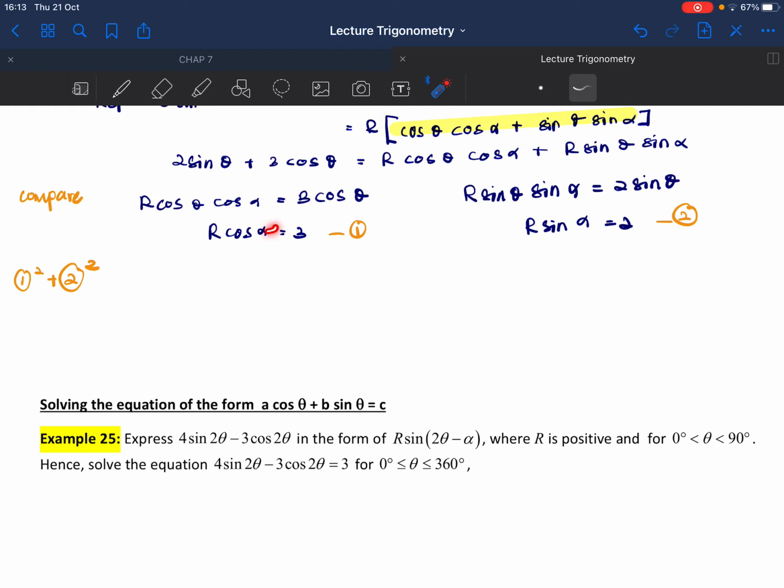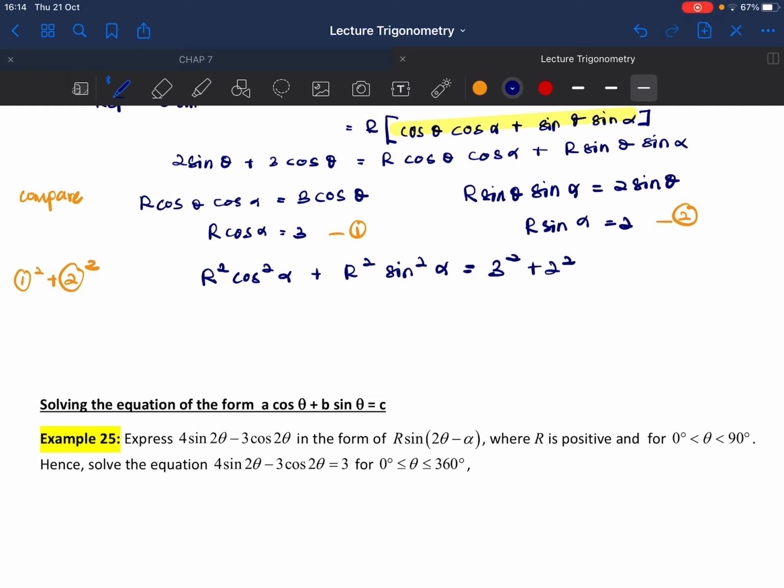First equation, yang left hand side ni kalau kita squarekan, jangan lupa R pun kena squarekan. We will have R square cos square alpha and also this one plus R square sin square alpha equals to 3 square plus 2 square.